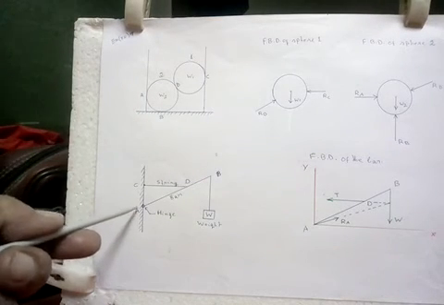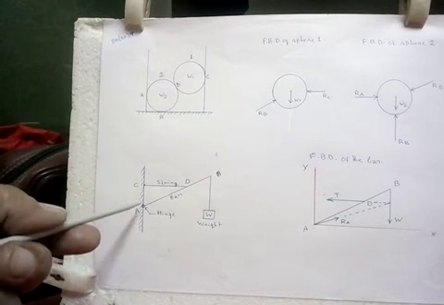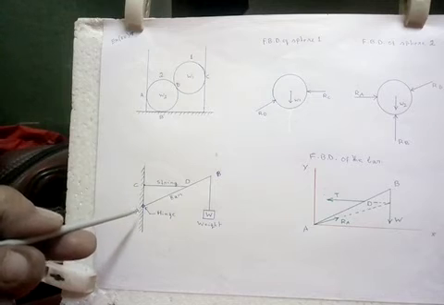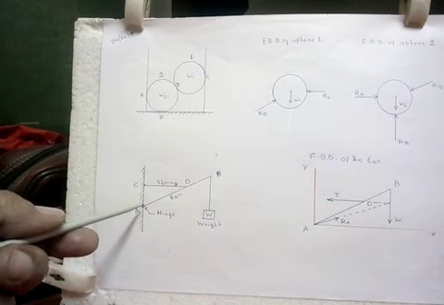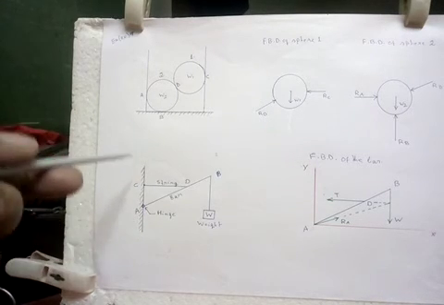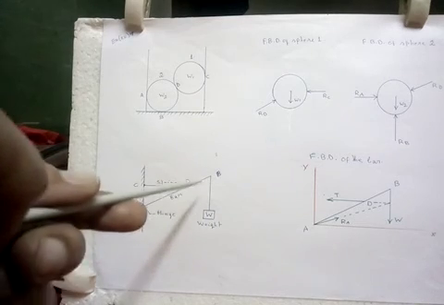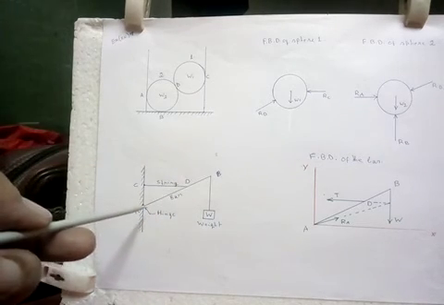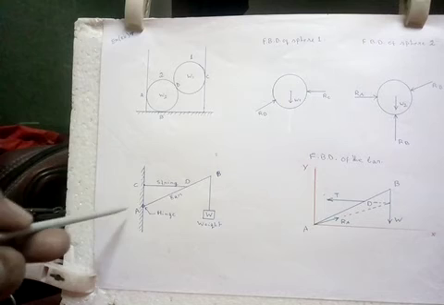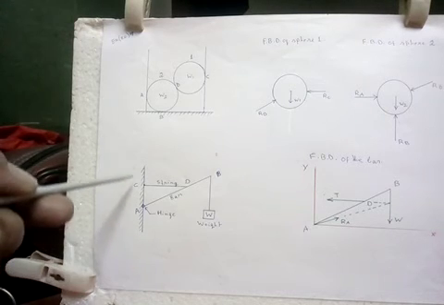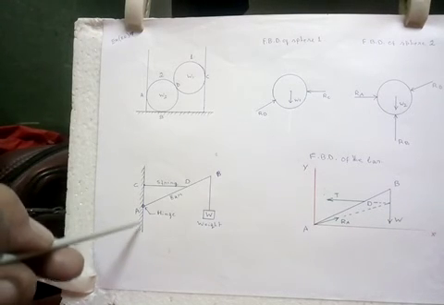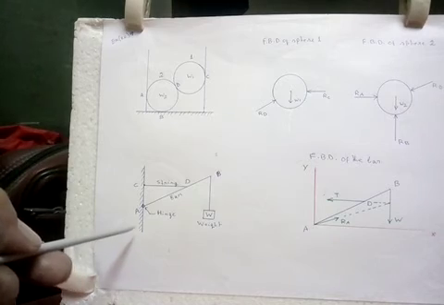Now at this point, there is a reactive force, because due to this weight, this beam has a tendency to go inside, but the wall is not allowing that. So it is giving some resistance.